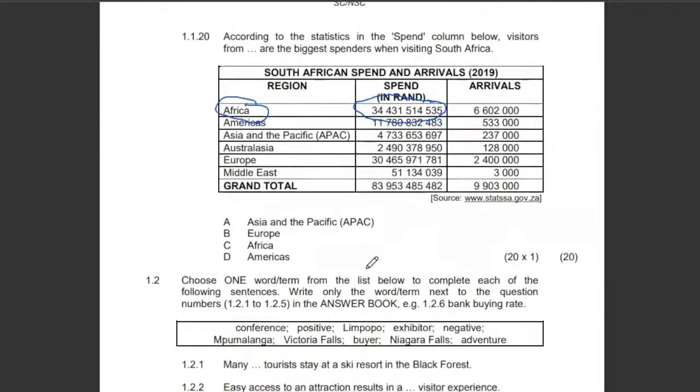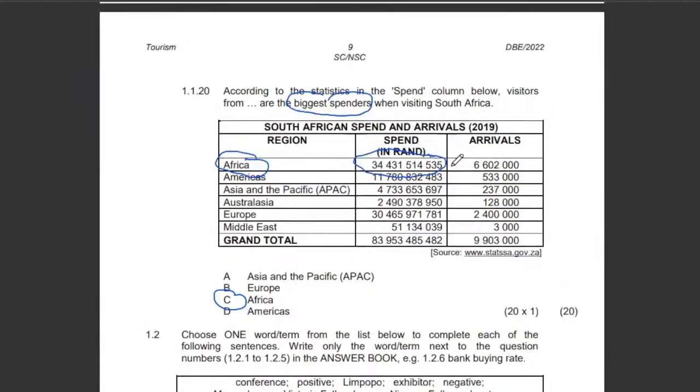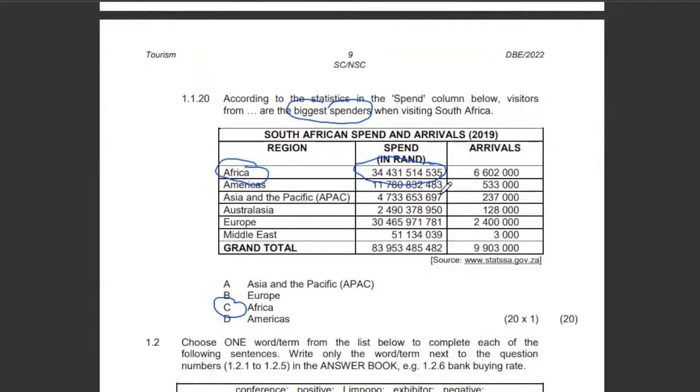So our correct answer will be C. The tourists from Africa were the biggest spenders, because remember, the question requires us to identify the biggest spenders. The highest amount of money spent originated from Africa, which is 34 billion.